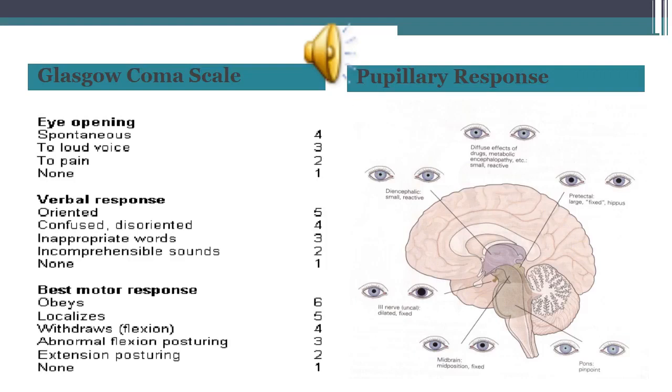If dilated and fixed, there may be third nerve palsy as occurs in uncal herniation. If in mid-position but fixed, it may be due to midbrain injury. If pinpoint, it may be due to pontine insult, as in pontine hemorrhage.